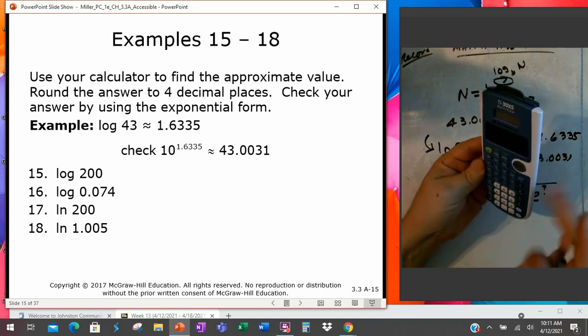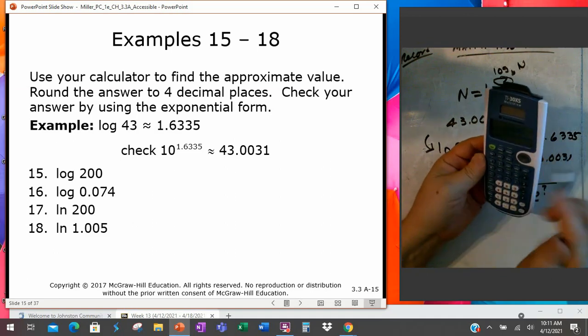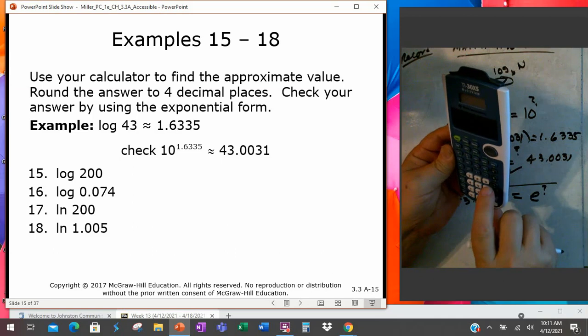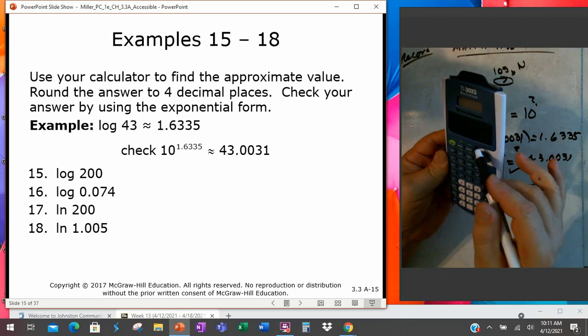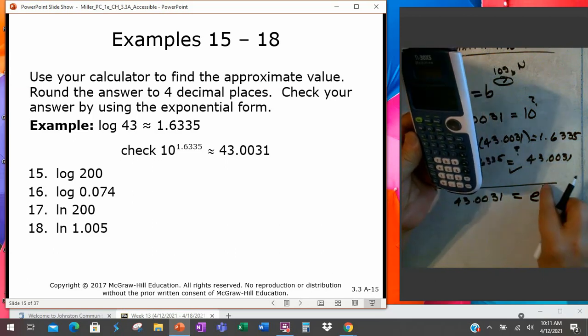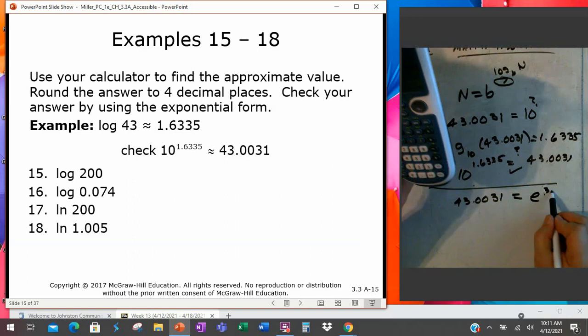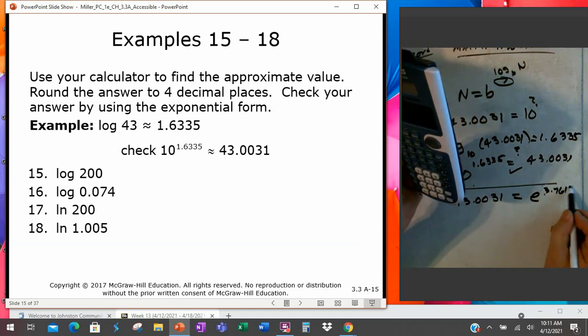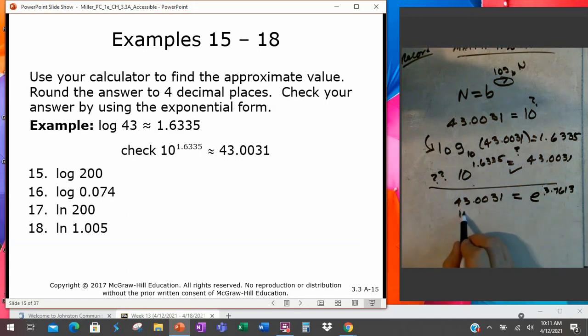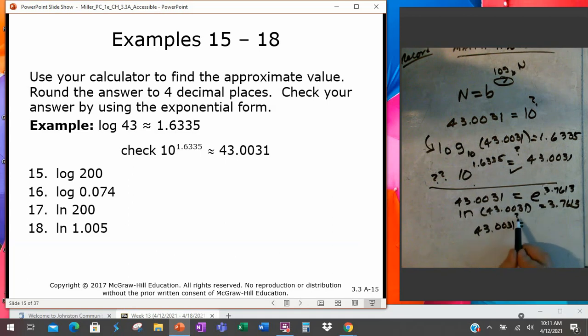I'll go LN, and then the very same 43.0031, and it tells me that is 3.7613. The LN of 43.0031 is equal to 3.7613, which says if I can represent 43.0031, is this for real?